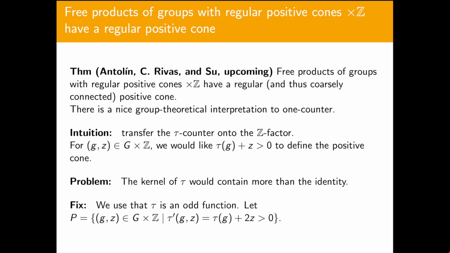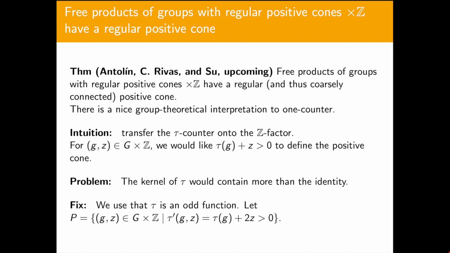Now let's talk about the theorem that free products of groups with regular positive cones, class C, have a regular and thus closely connected positive cone. This means that there's a nice group theoretical interpretation to one counter. The intuition is that we transfer the tau counter into the Z factor.